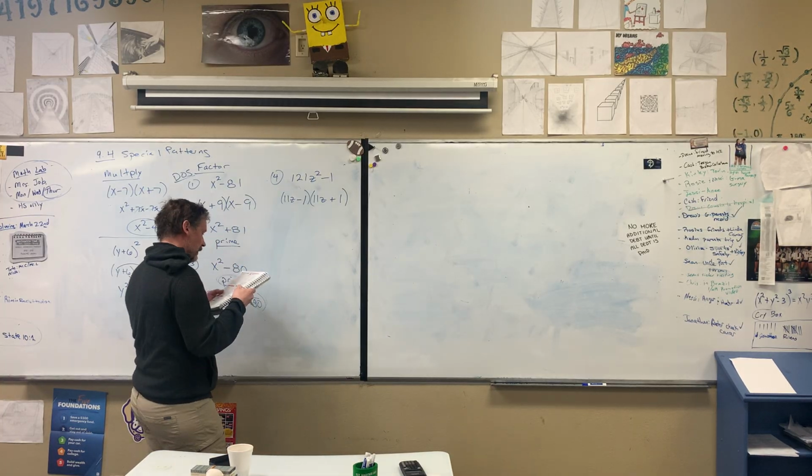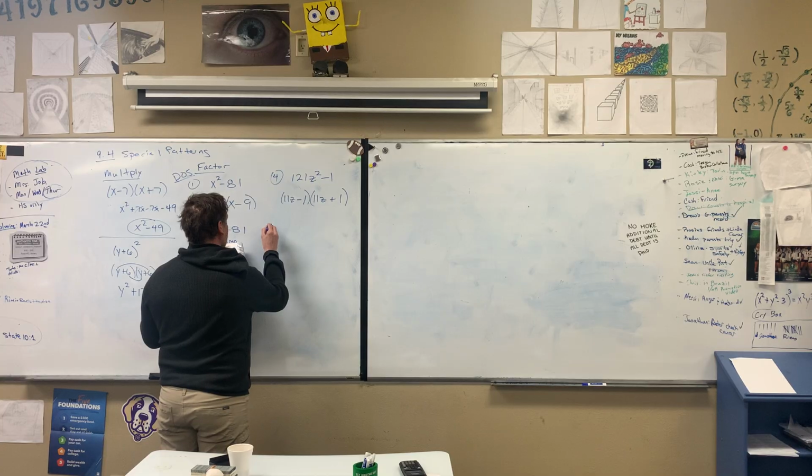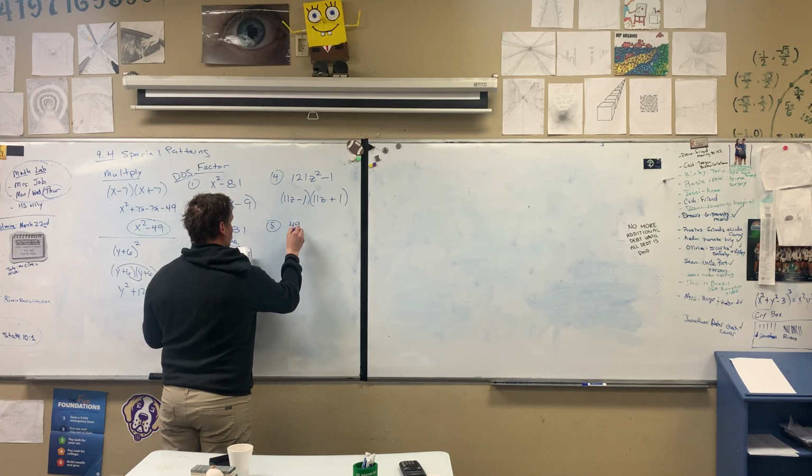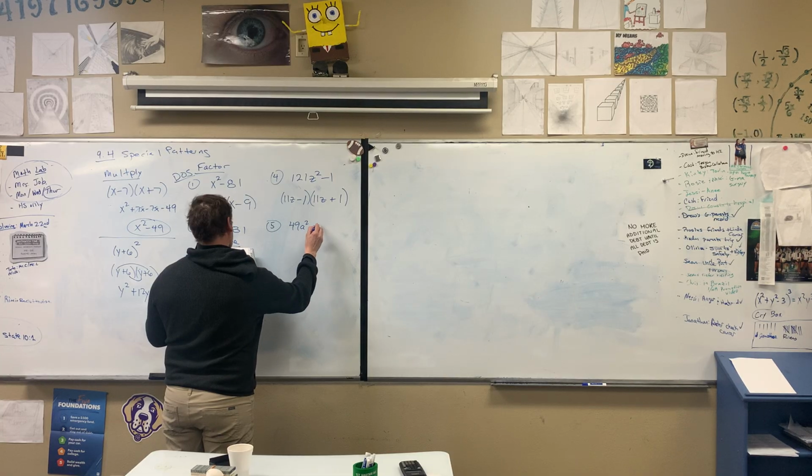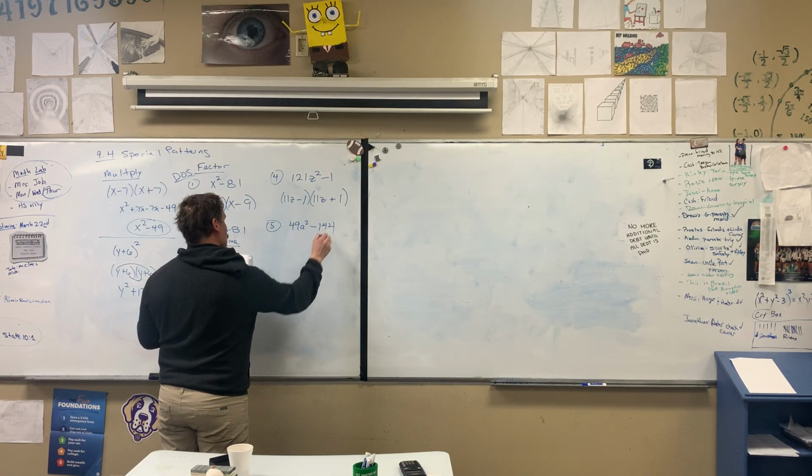All right. We're doing pretty good on them? Yeah. Let's try this: 49a squared minus 144. You guys do that one real quick.